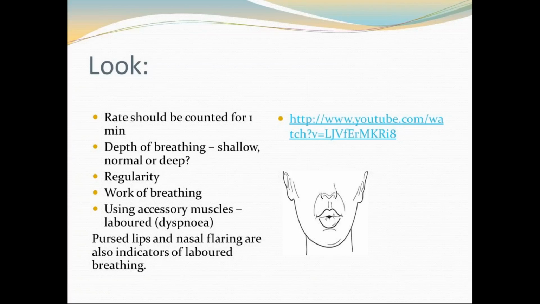This is why the accessory muscles come into use, and this is also why the intercostal muscles come into use. You may find that people with long-term lung conditions over years will develop a better position when they're acutely breathless, and this applies to everyone.